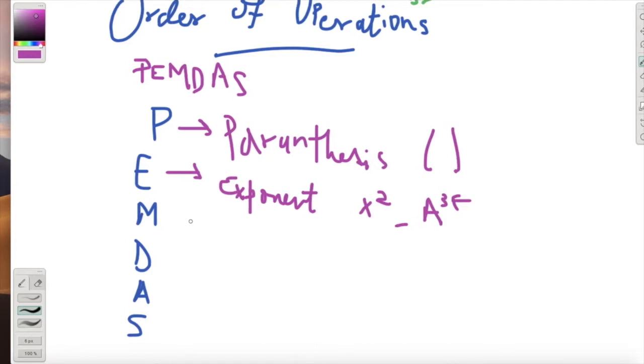M is multiplication, simple. D stands for division.